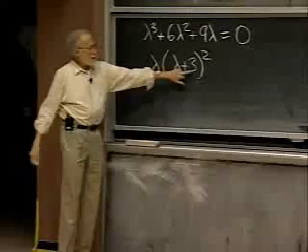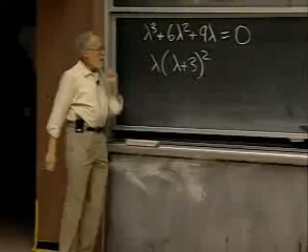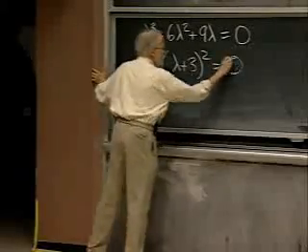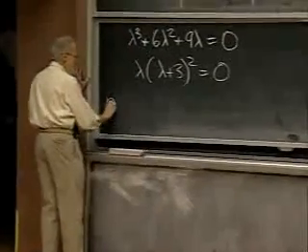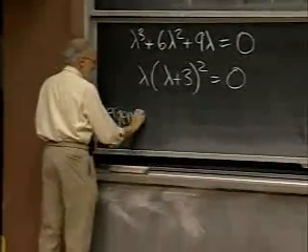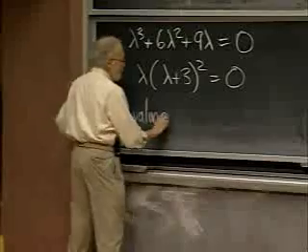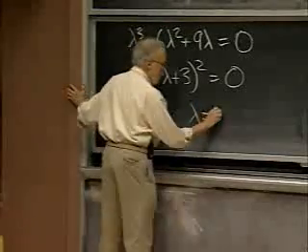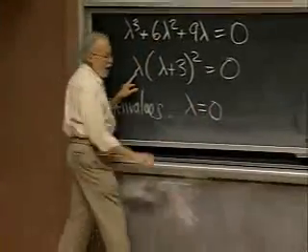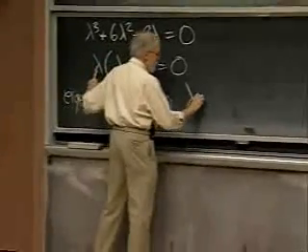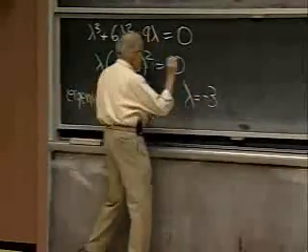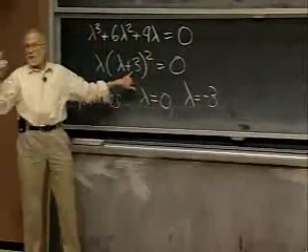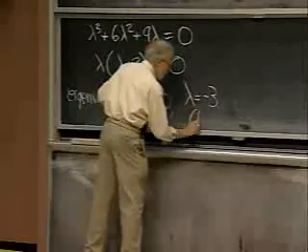So the eigenvalues, the roots, are what? Well, they are lambda equals 0 from this factor, and then lambda equals minus 3. But what's new is that the minus 3 is a double root.